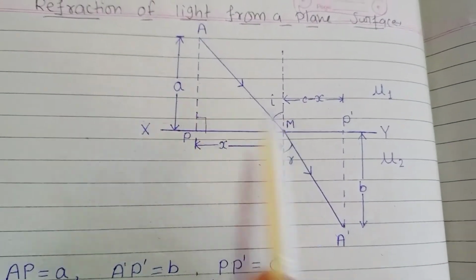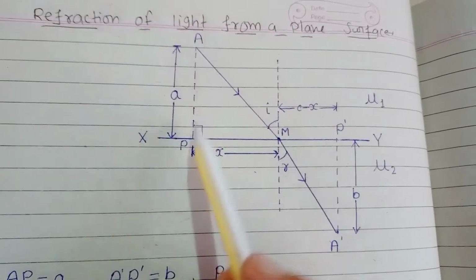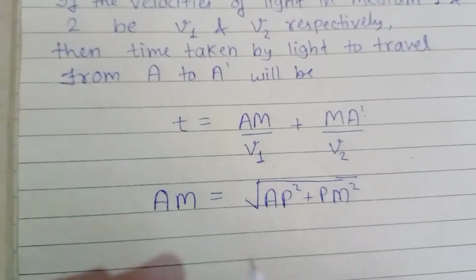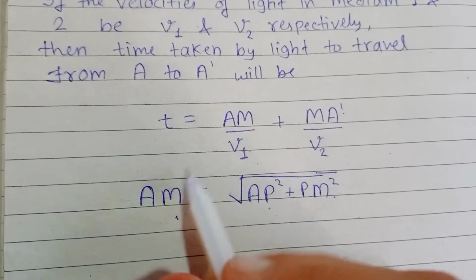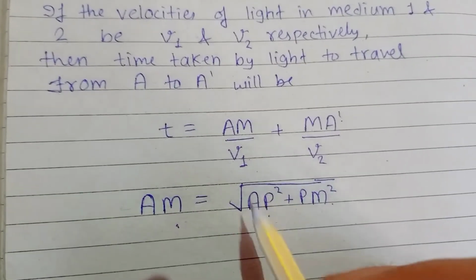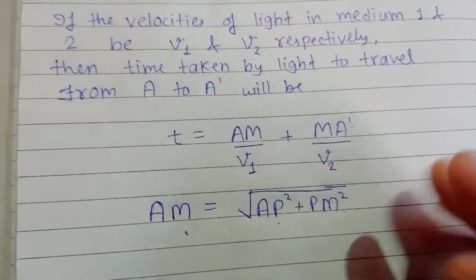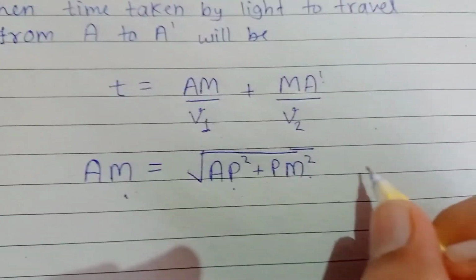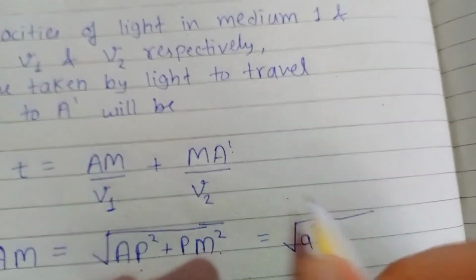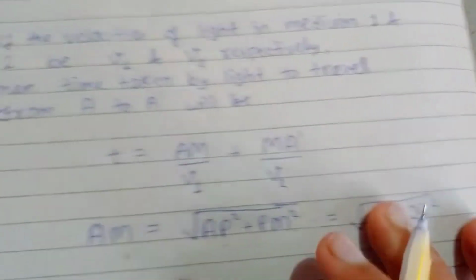AM is the hypotenuse, AP is the perpendicular, and PM is the base. According to the Pythagoras theorem, hypotenuse square is equal to perpendicular square plus base square, and when we remove the square, the square root comes. Now we put the values of AP and PM. AP is equal to a, so a square, and PM is equal to x, so x square. So this is the value of AM.